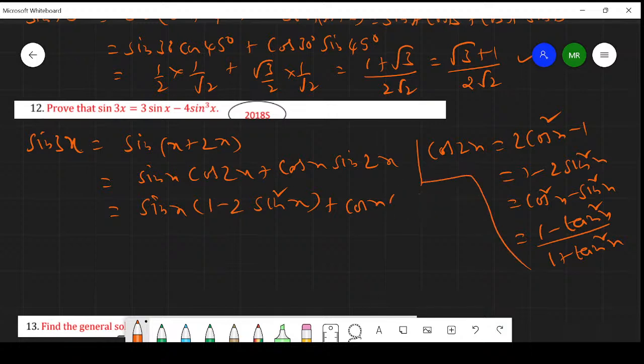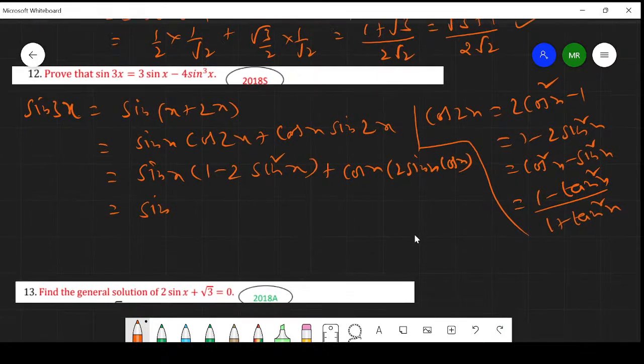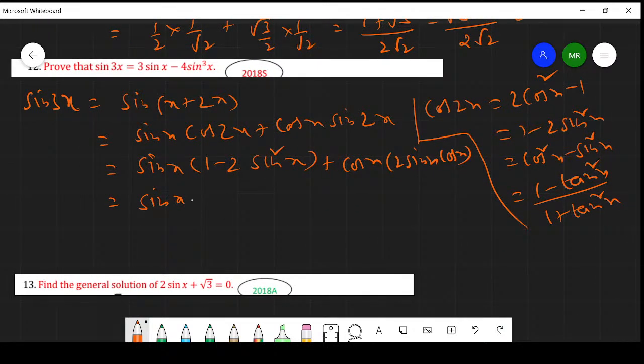See here, I can write sin 2x as 2 sin x cos x. You expand this: sin x minus 2 sin cube x, and then 2 sin x cos square x.